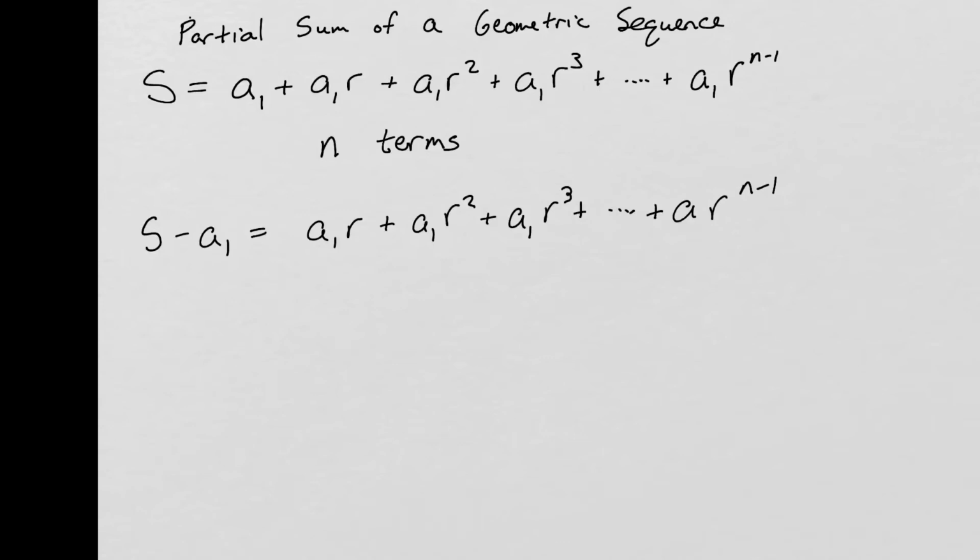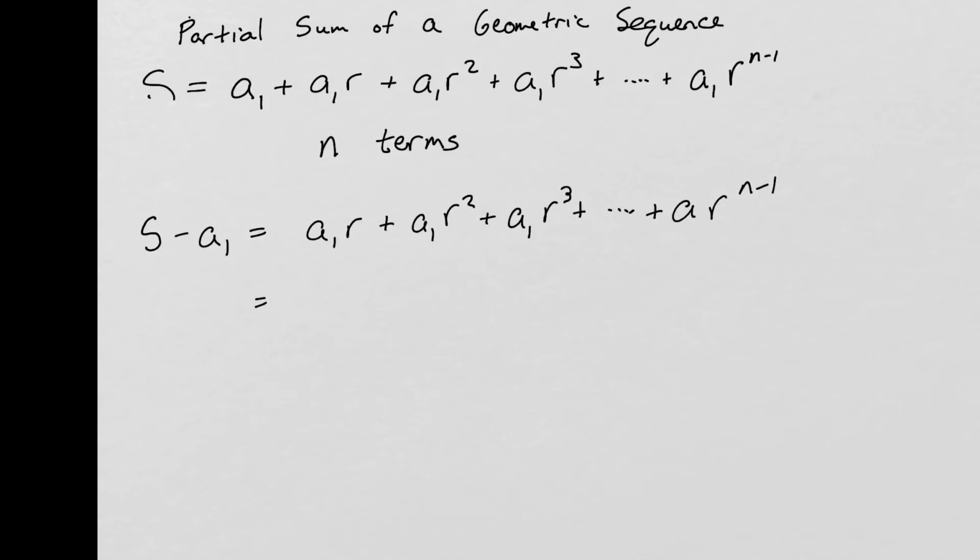No big deal. All we've done is move that first term over. But then what we want to notice is that everything over here has R as a factor. So we're going to factor out an R. Now you might be standing there being like, well, it also has A1 as a factor, and that's true, but that doesn't work for what I'm trying to do here. So we're going to leave it for a second. Let's factor out an R.